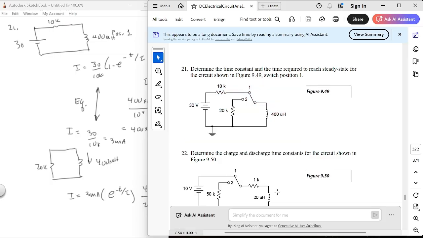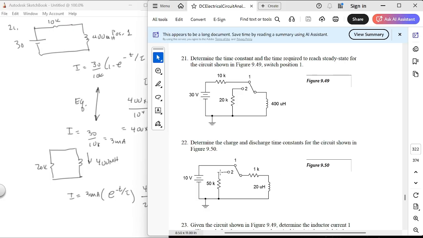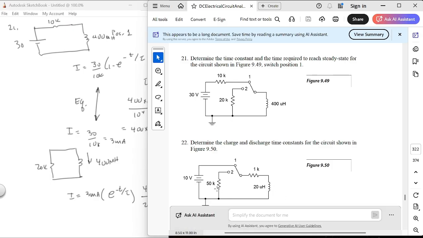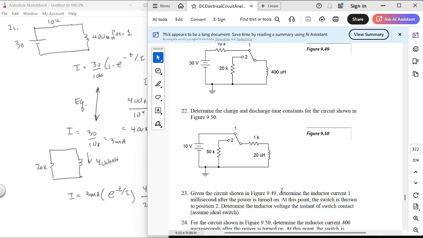Any questions about that? Now, this one's a little tricky, because why? Well, in position 1, this is my R, but in position 2, this and this add together to be my R. Everybody follow that? So here, you charge with this, and then when you discharge, the R is this plus this.